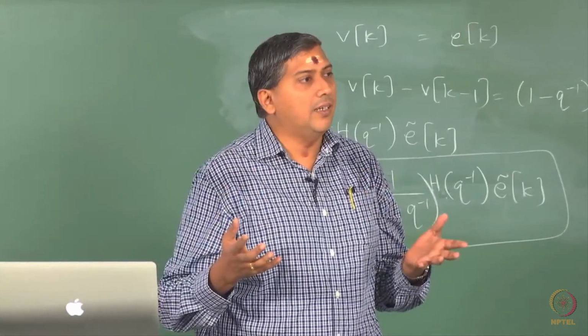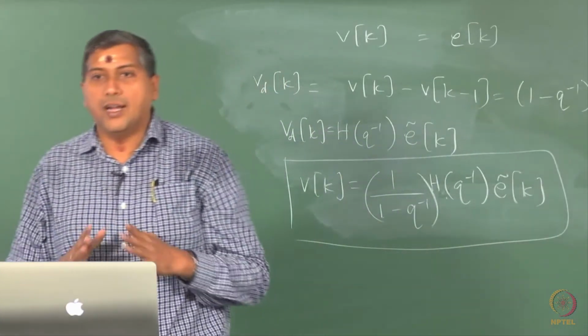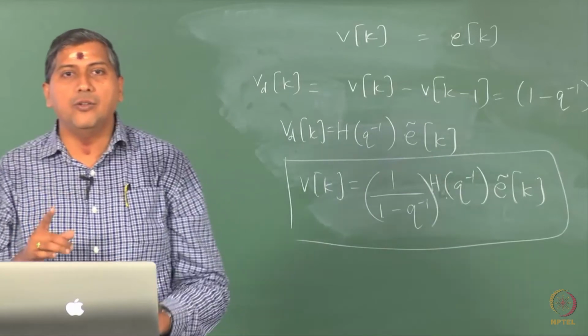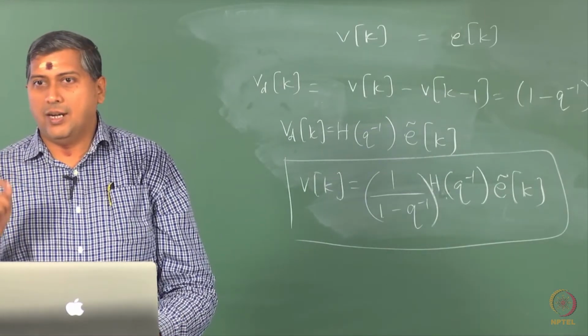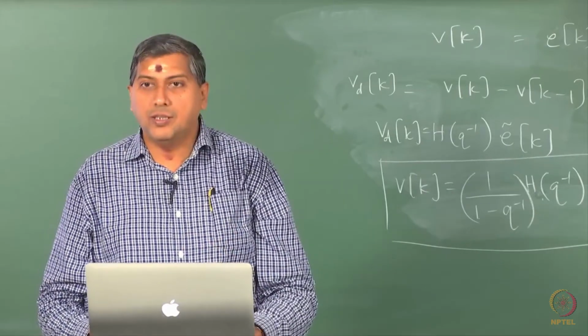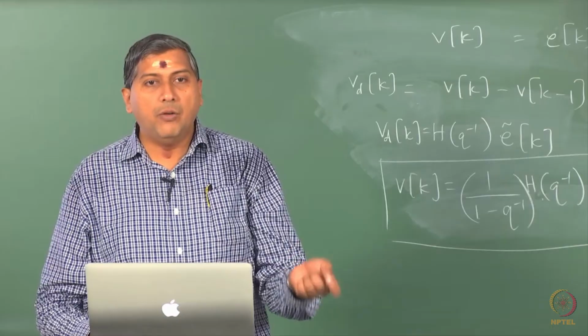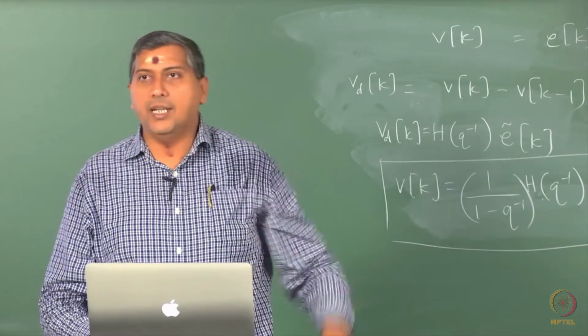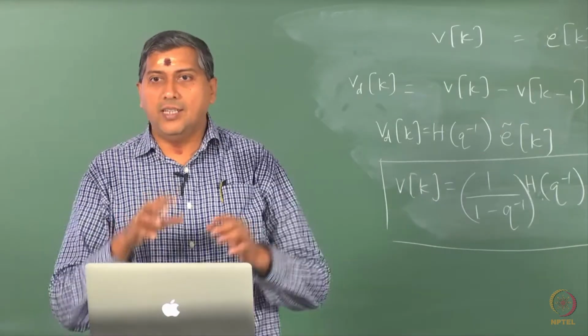We have said earlier that is not the correct way to do it, because it introduces an artificial, unnecessary 0 at a unit circle or at unity, and this test can be used to distinguish between a series with integrating effects and a series that has trends.